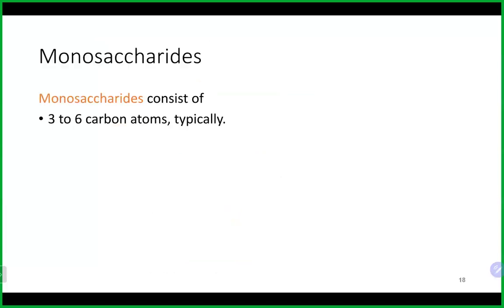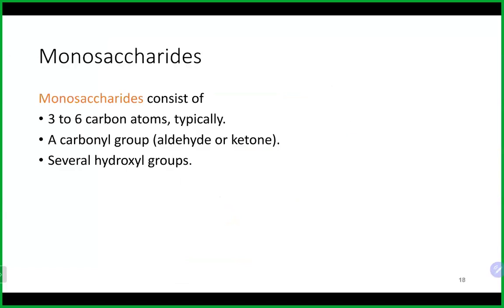Let's start with some monosaccharides. Monosaccharides consist of 3 to 6 carbons, and they have one of 2 organic groups up on top. They either have an aldehyde group or a ketone group, the same organic groups that we talked about.